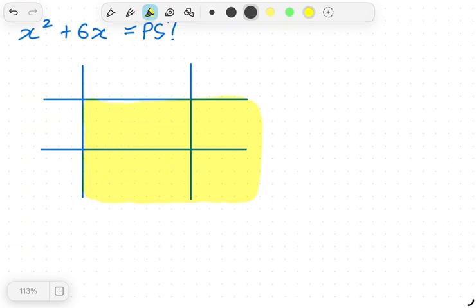So the yellow box is the square, the imaginary square we are thinking about. If you're unsure, you may refer to your textbooks or search online to have a clearer understanding.